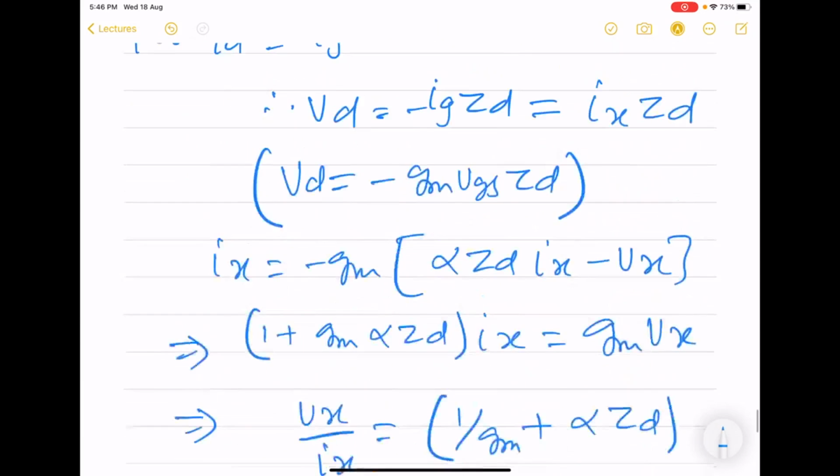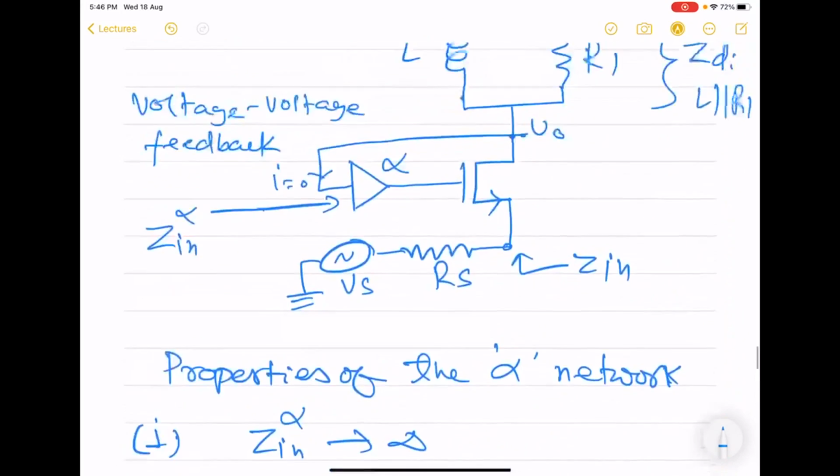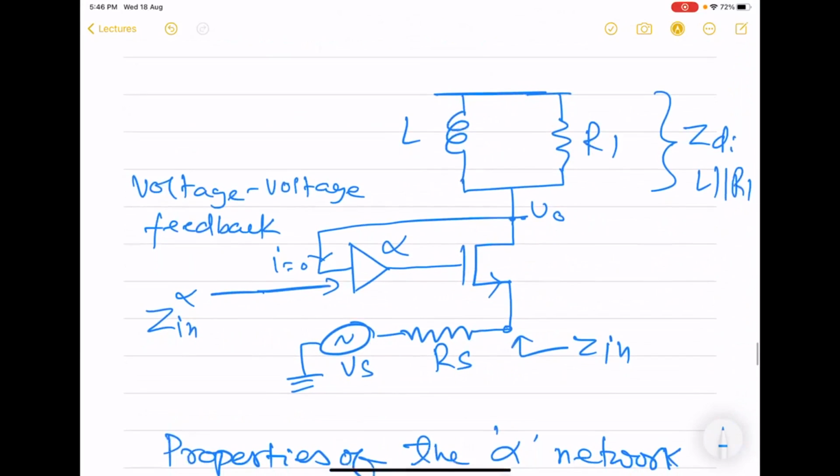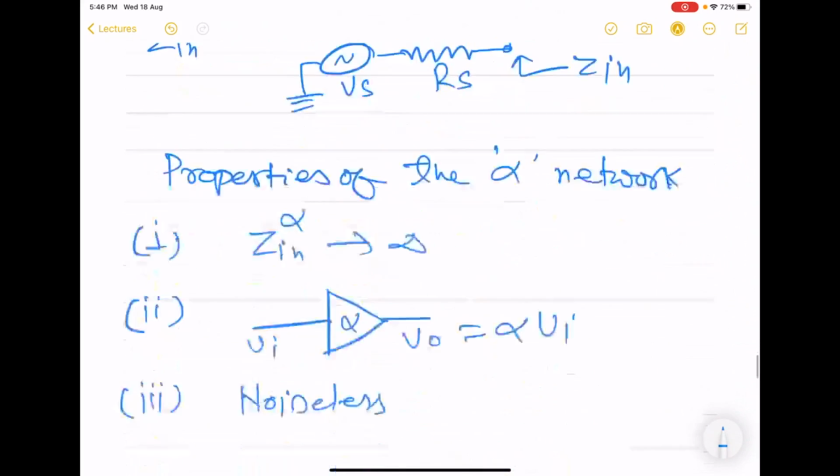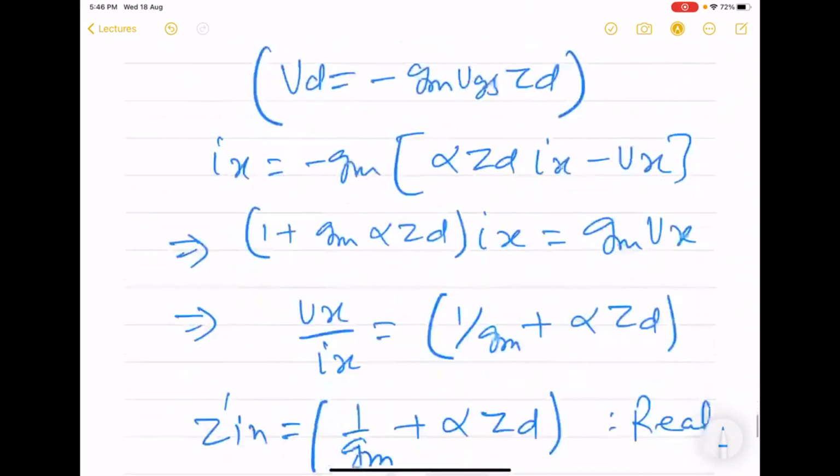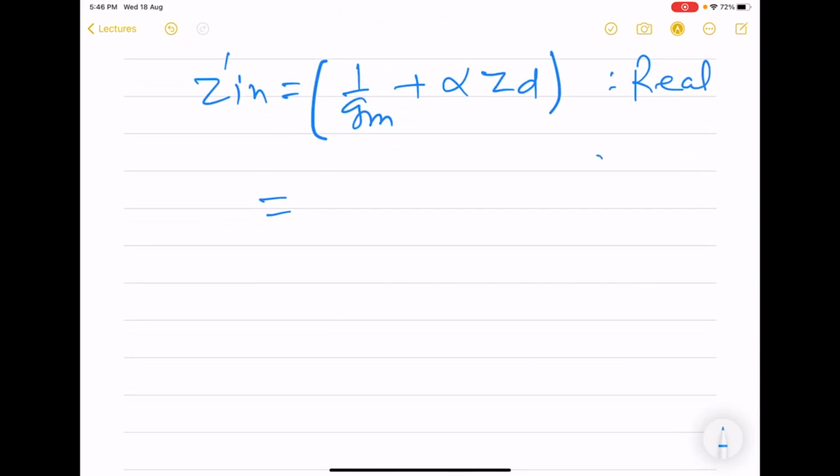One is which we have already done: the reactance of this inductor is very high, so the entire current will flow through this R1, and this parallel combination will approximate to R1. So this is one way in which Zd can be interpreted as real, 1 by Gm. So it becomes alpha R1.